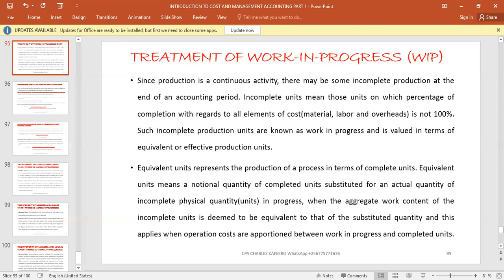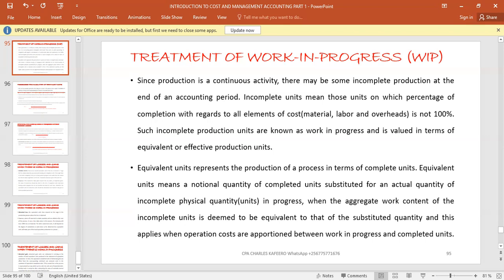If, let's say, labor is 60% complete, and material is at, let's say, 50% complete, and in labor maybe 45% or 60%, whatever percentage that it is, then the other overheads may also be at a different level, because at different stages we are incurring different costs.